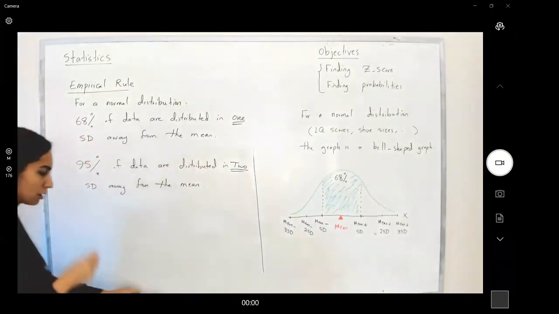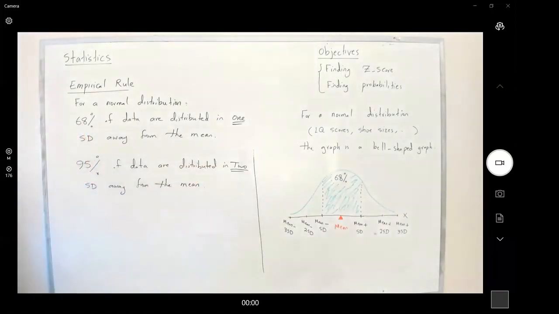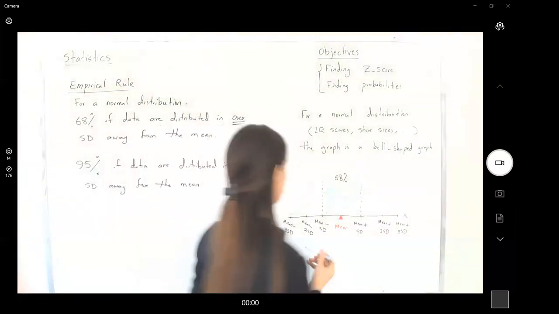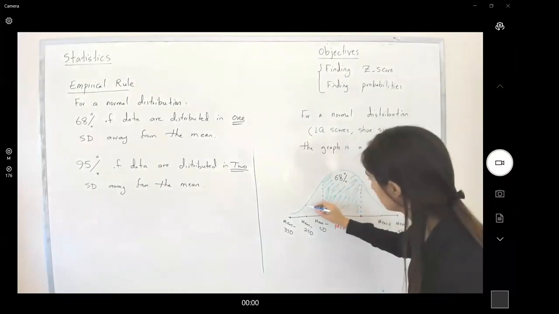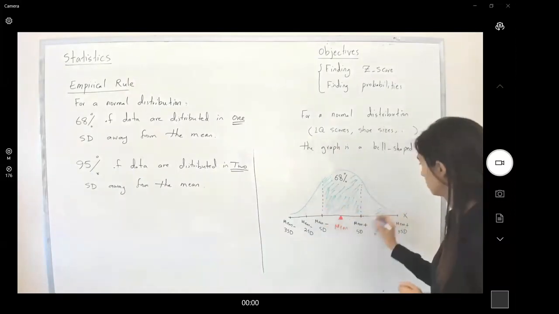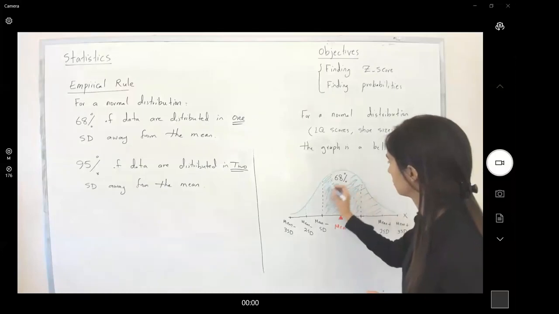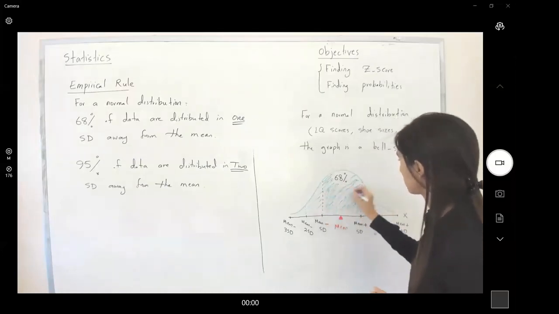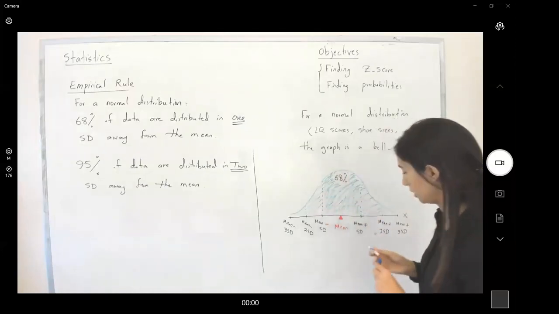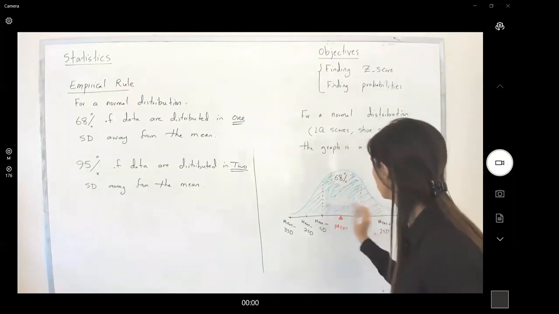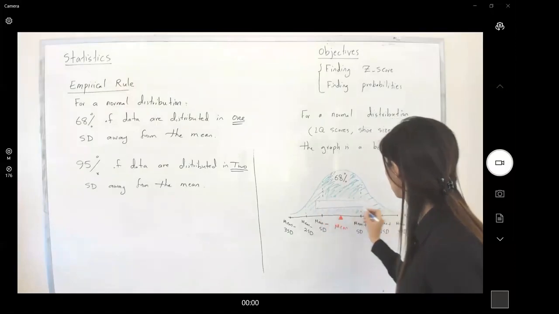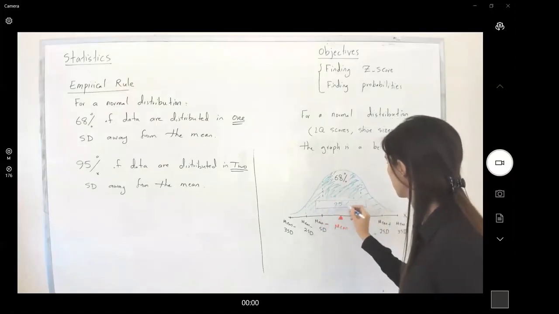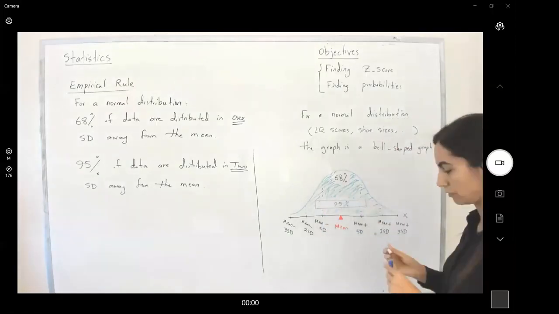Let me find a different color. This counts the whole area, so it includes everything out to 2 standard deviations.